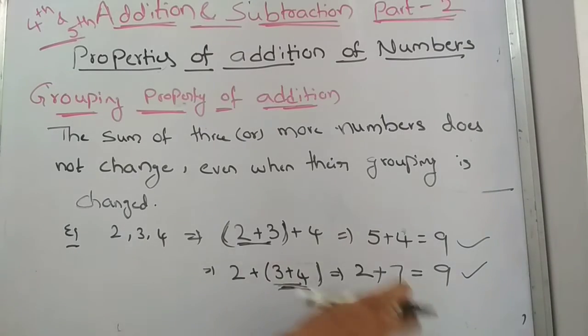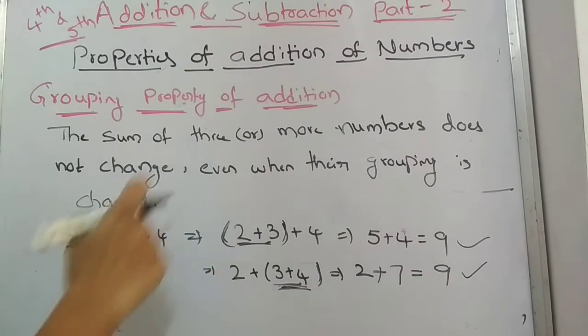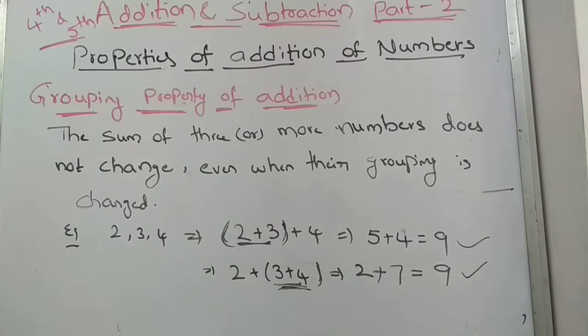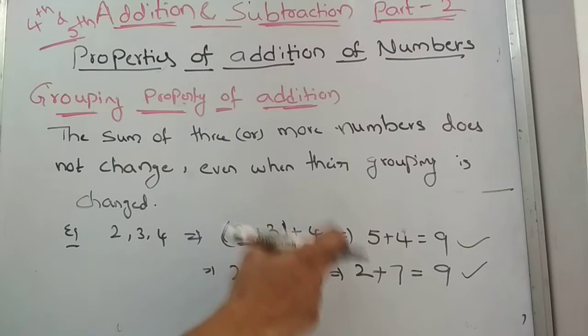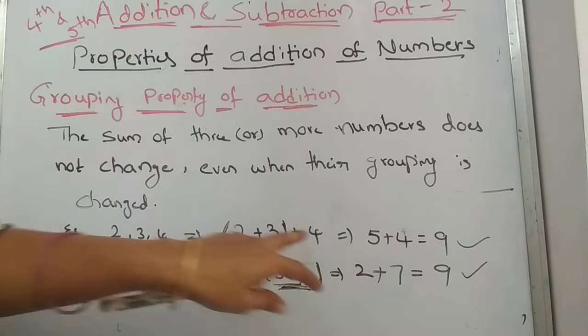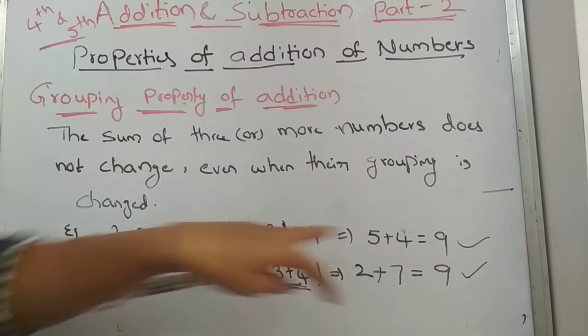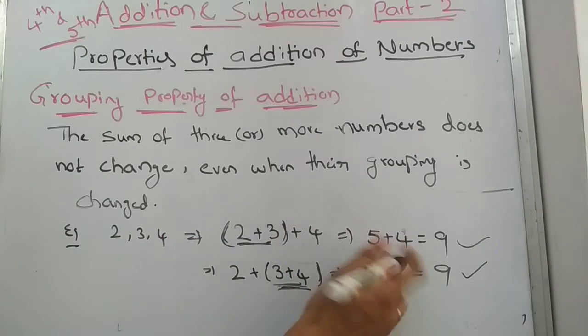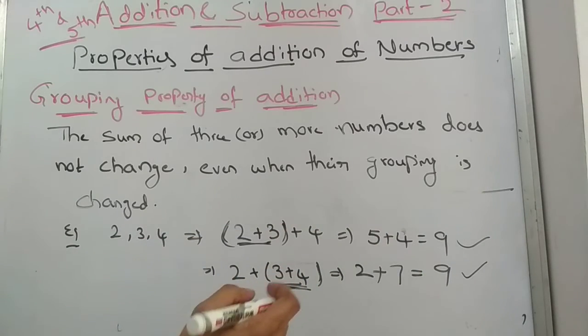The answer should not change, even when the grouping is changed. First I am adding 2 plus 3 here and putting it in brackets. The sum I got is 5. Then I am adding 4 also. 5 plus 4 equals 9.